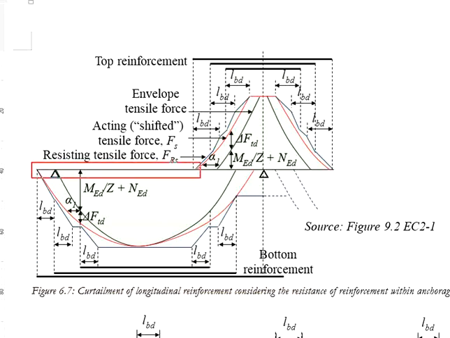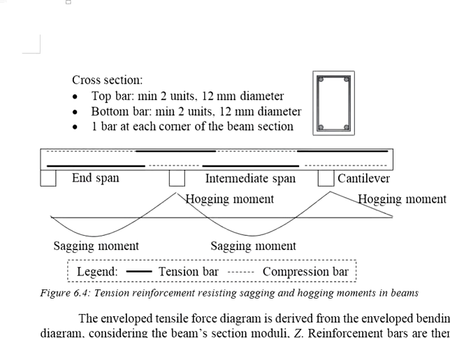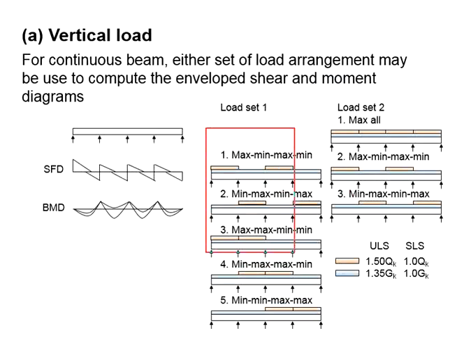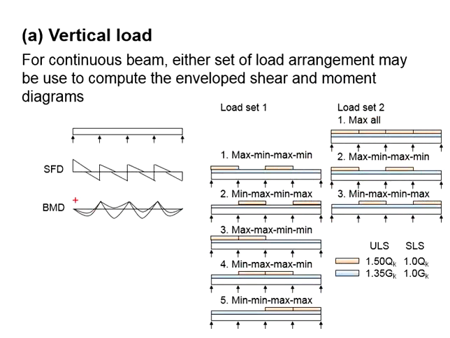The line here represents the beam. The triangle here represents the support. Assuming this is a continuous beam, this is the end support, and this is the internal support. When you analyze a continuous beam, normally you use the moment distribution method, dealing with several combinations of different load cases that give you an envelope bending moment diagram.